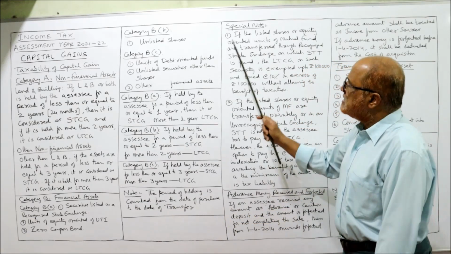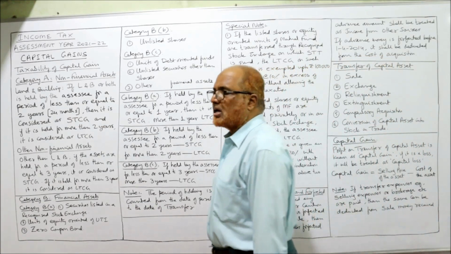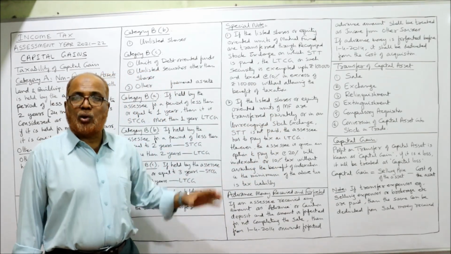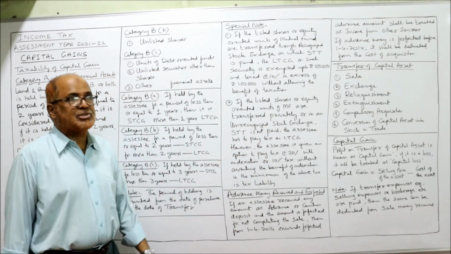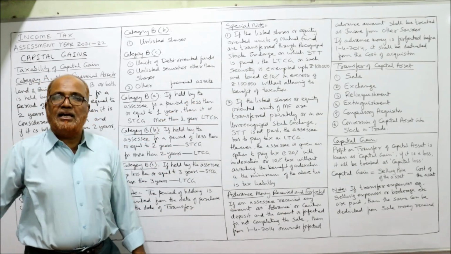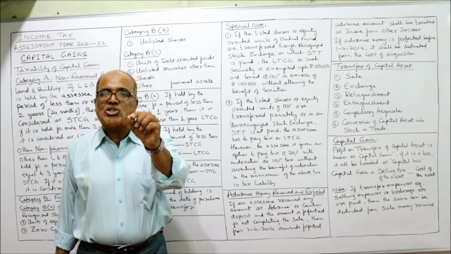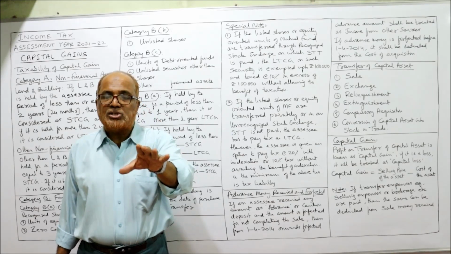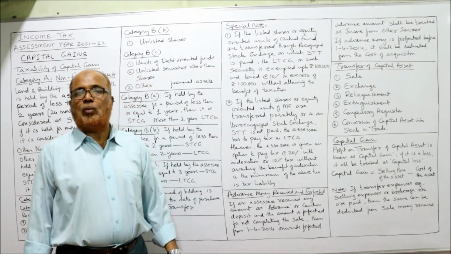That's it. Now 2 special notes I have given that you have to remember while doing the problems. You will come across this point, so remember carefully what the provisions are. First, concentrate on the wording which I am explaining; these are the provisions of the Income Tax Act 1961.